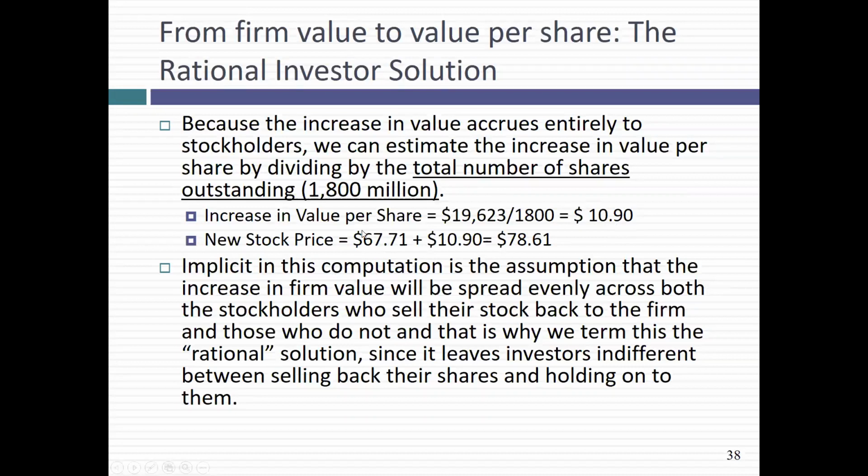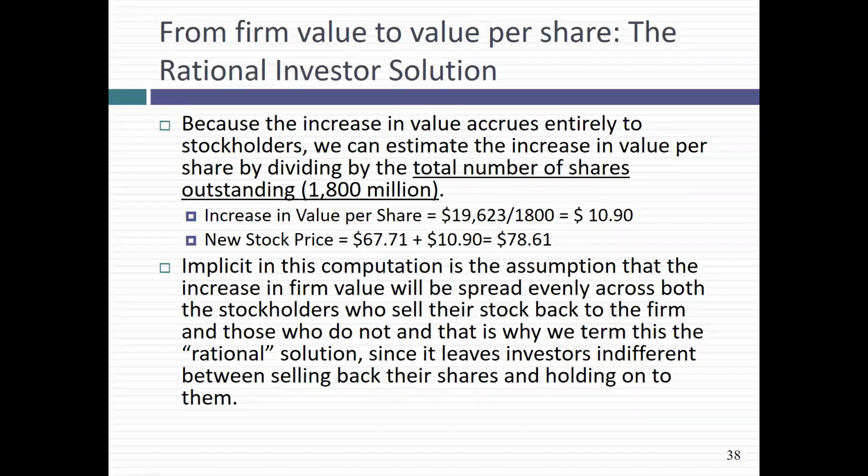If we knew that the prior stock price was 67.71, the new stock price is going to be the old plus the new value per share, and we find a new stock price of 78.61. Now this seems really straightforward, right? We're just looking for the increase in value of the company, divide by the number of shares, add to the old stock price, and figure out the difference.